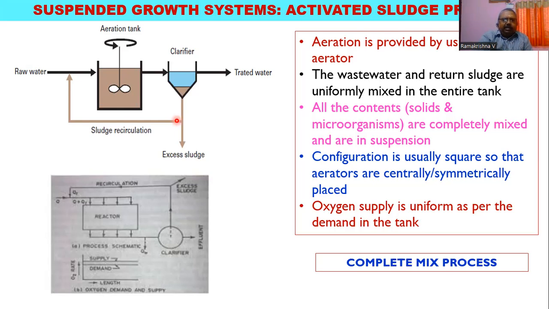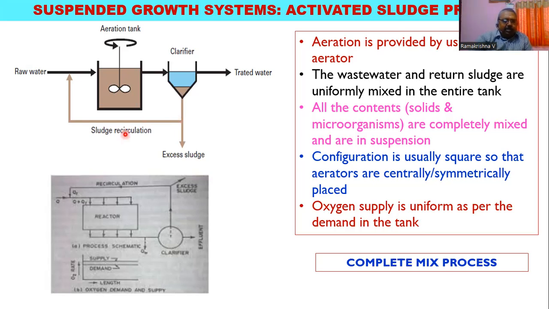It will be in days. So we would like to utilize that life so that the process becomes more effective. That's why we recycle some amount of the sludge which contains active bacteria. That's why it is called the activated sludge process.